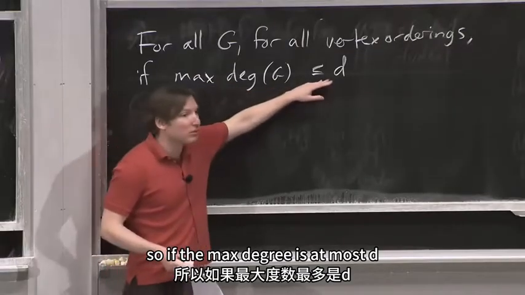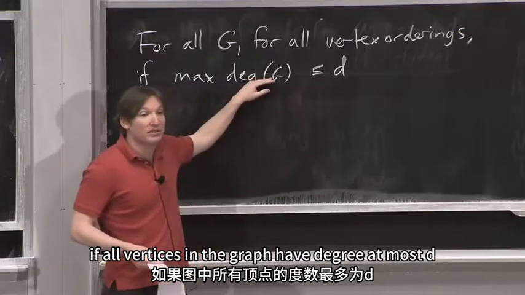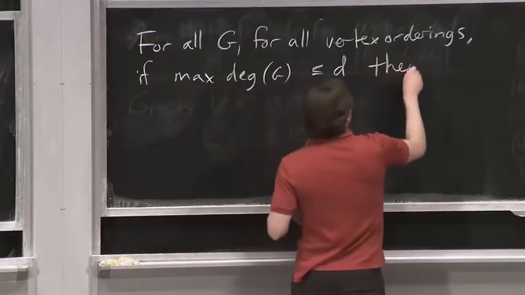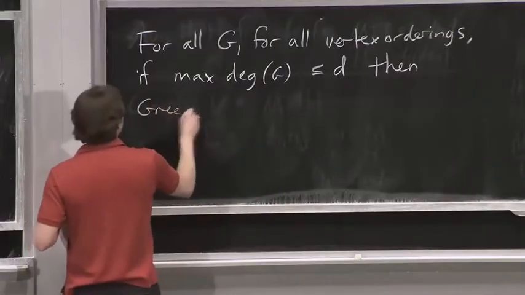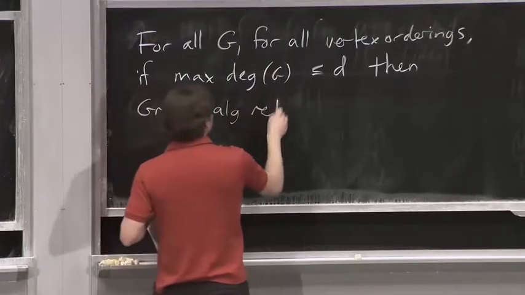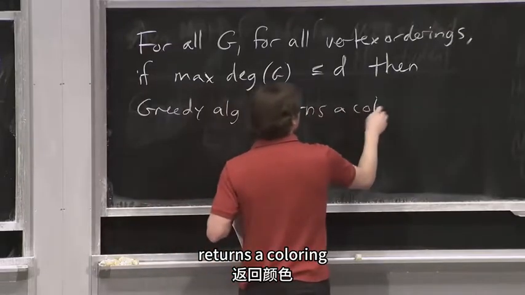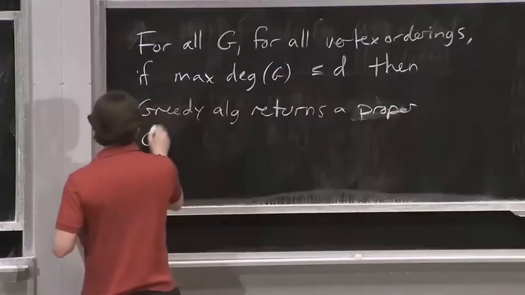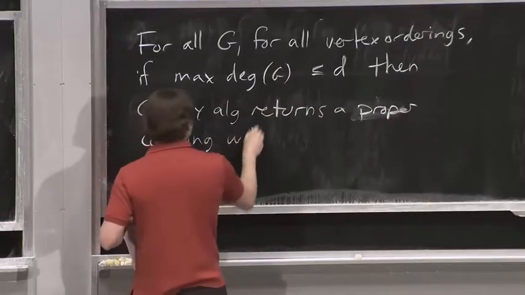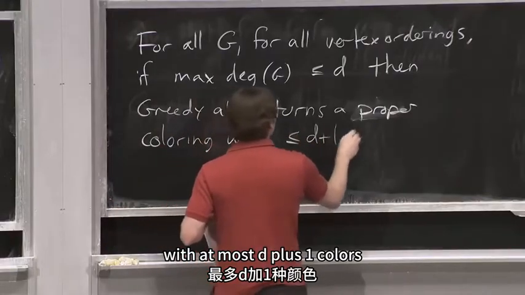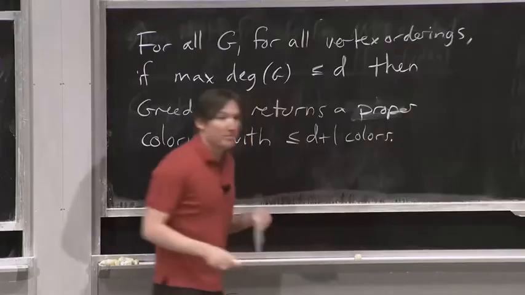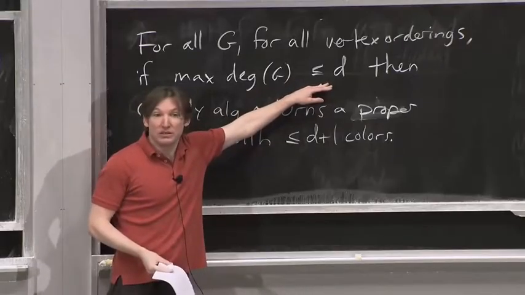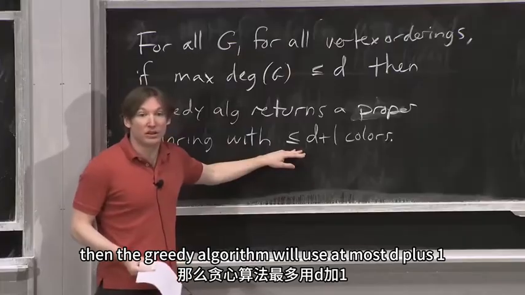So if the max degree is at most d, said differently, if all vertices in the graph have degree at most d, then the greedy algorithm returns a coloring, a proper coloring, with at most d plus 1 colors. So if all the vertices of the graph have degree at most d, then the greedy algorithm will use at most d plus 1 colors.